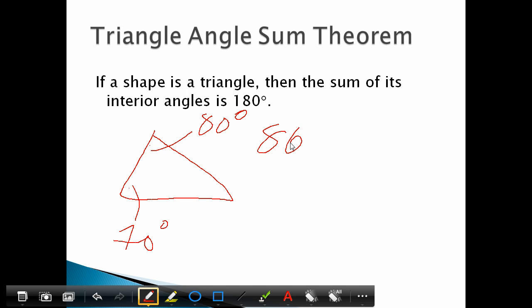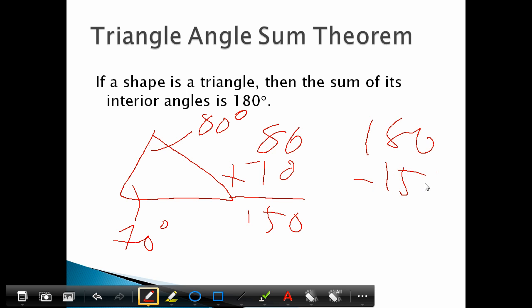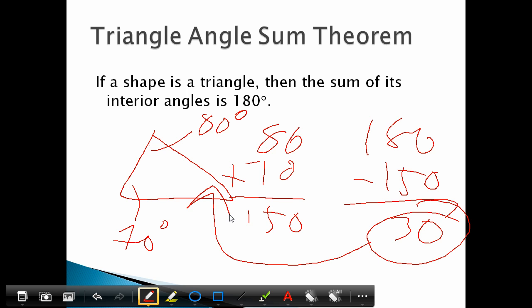So 80 plus 70 gives me 150, I take that away from 180, and I've got 30 degrees left. That 30 goes right there for our third angle. I can use the 180 degree total to find a missing angle.